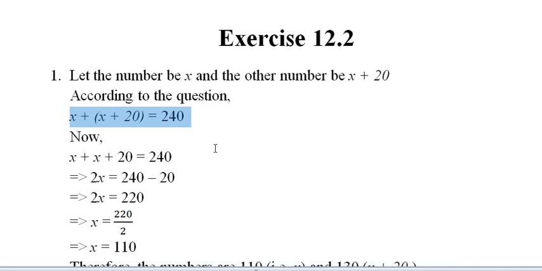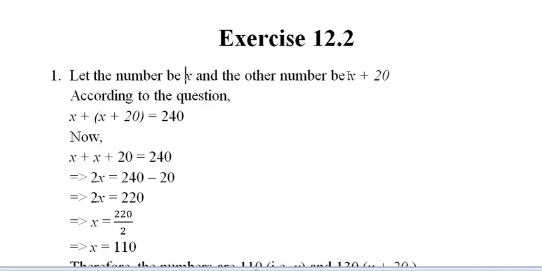A number is smaller than another number by 20. So it means that a number is smaller than another number by 20. Let us assume that the number to be x and the other number to be x plus 20, which means that the number which is smaller by 20 is just x, and the number which is greater than this number x by 20 is x plus 20.